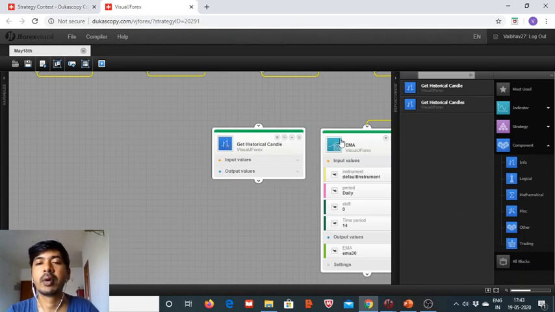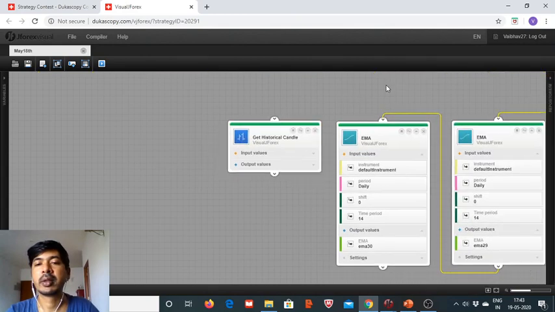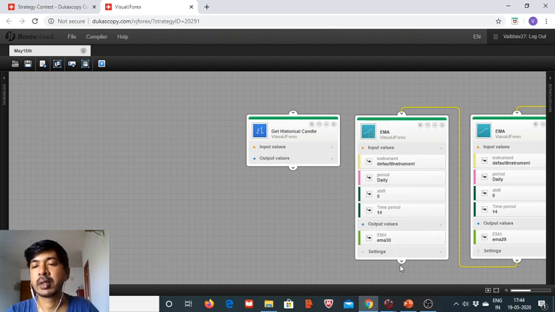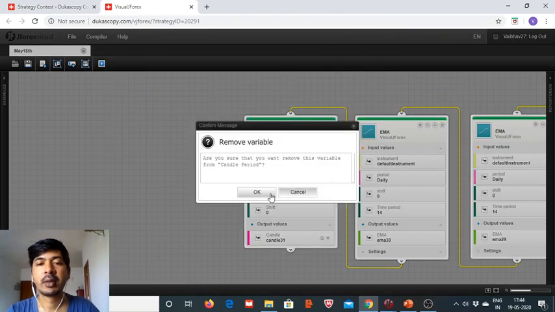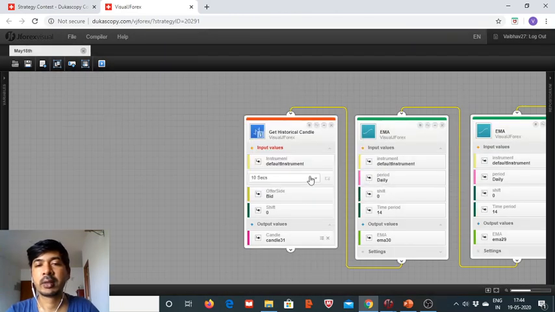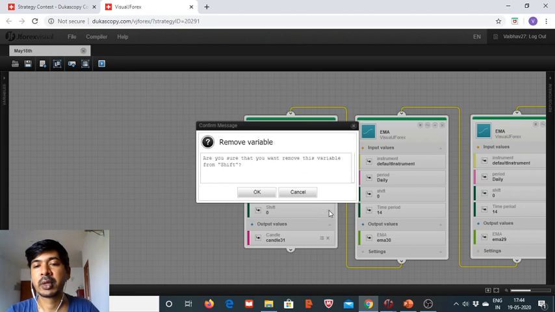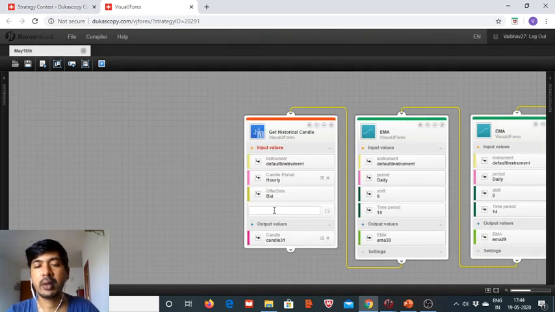If we want a sell trade, we will check whether the last hourly candle has closed with losses. So for that we take this hourly candle and we take shift 1.